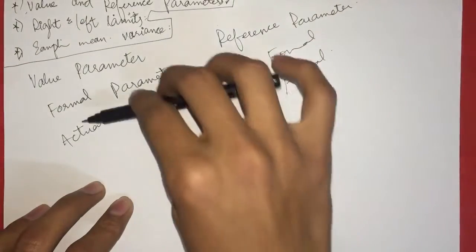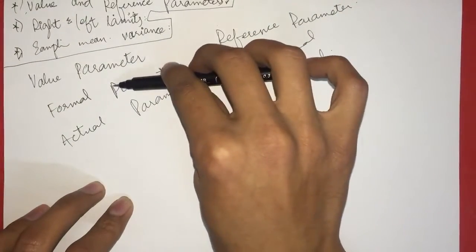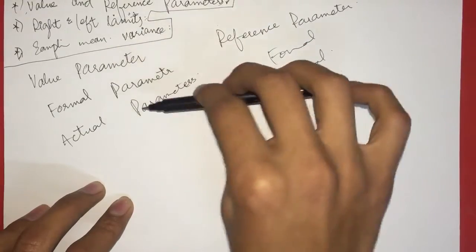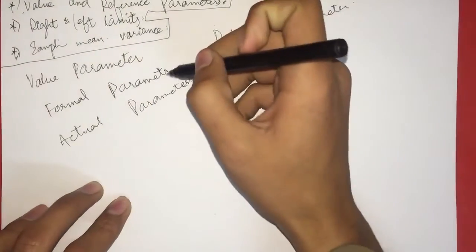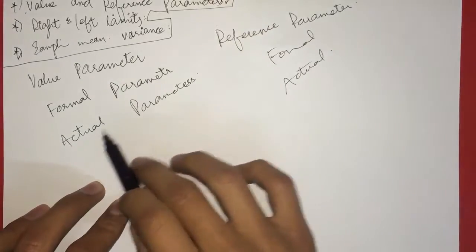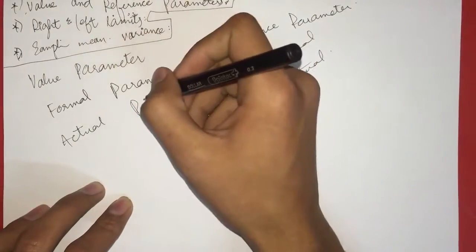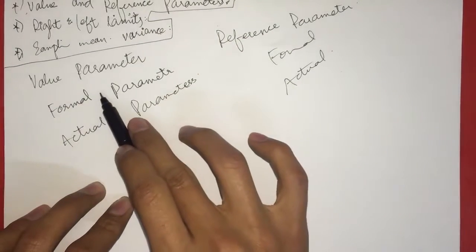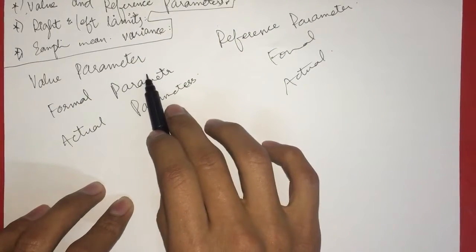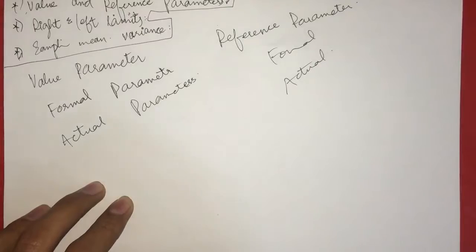In every function call, formal parameters get replaced by your actual parameters, meaning that the values of your actual parameters are copied into your formal parameters, and each formal parameter receives a separate copy of your actual parameters.